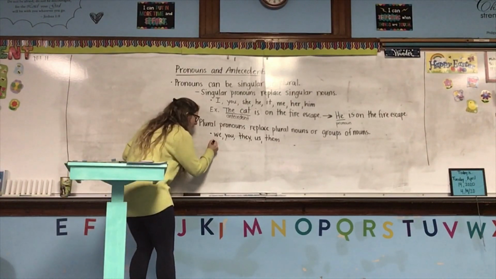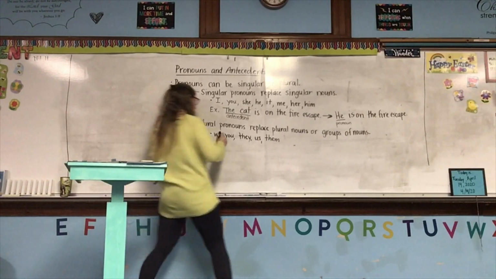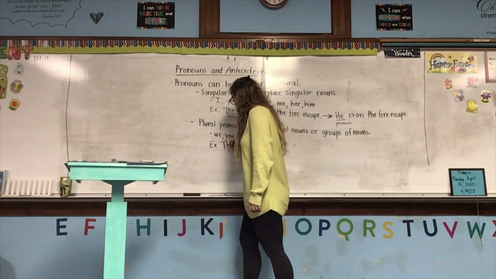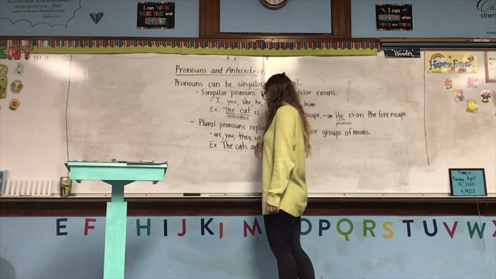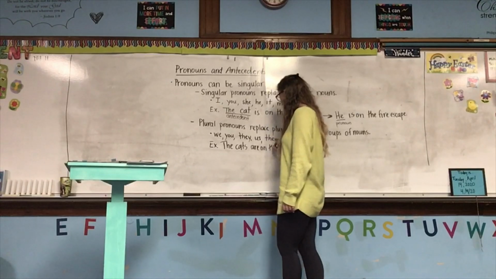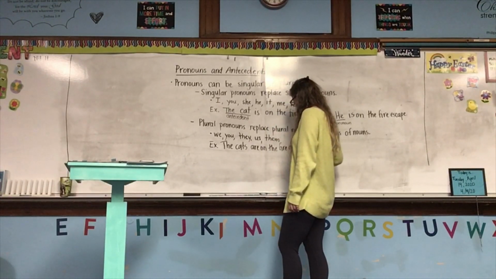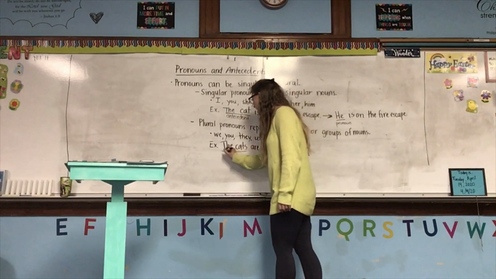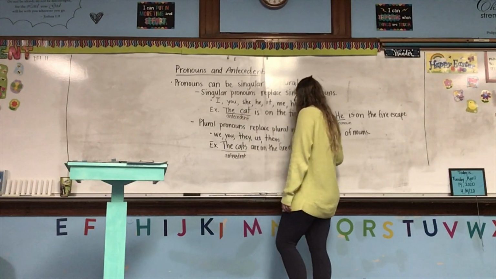So I'm going to have two examples. The first example is the cats are on the fire escape. Now we have the cats as our antecedent, so we want to replace it with a pronoun.